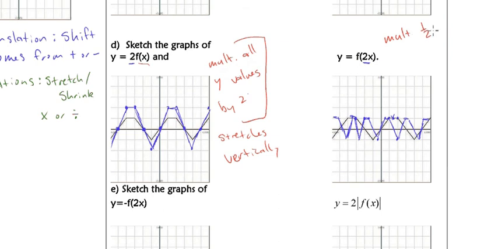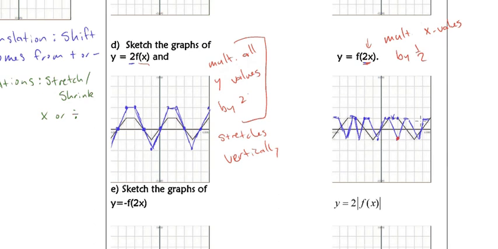Remember on your first page of the notes, it talked about a factor of 1 over c when your c value is inside with the x in the input. Multiply all x values by 1/2. So where it was at 4, that's why we moved to 2.